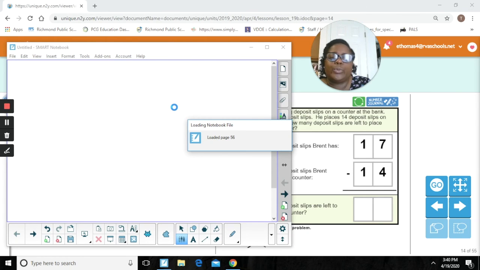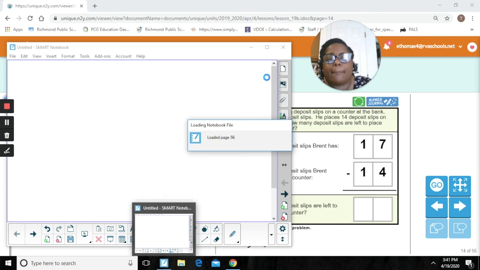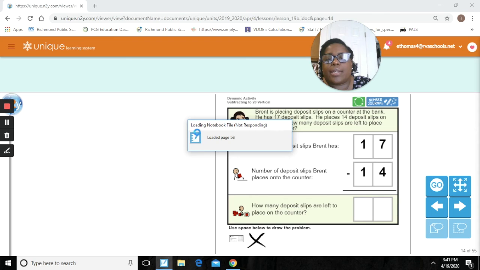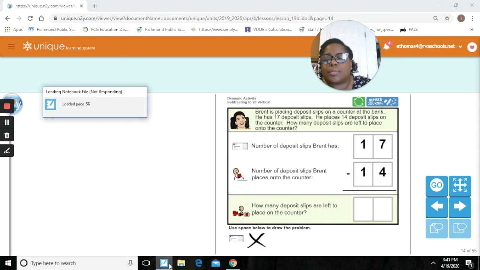Let's give it a second to load. Okay, let's see if we can get our number line back.